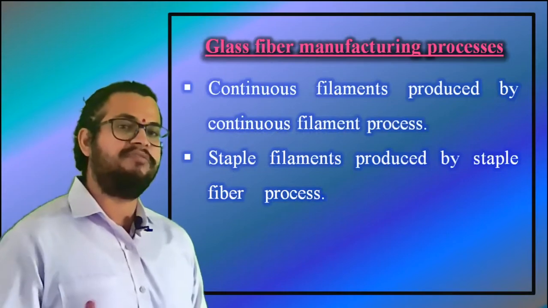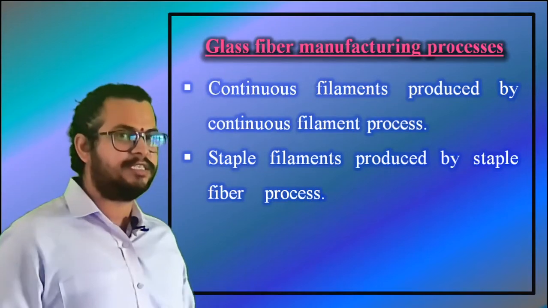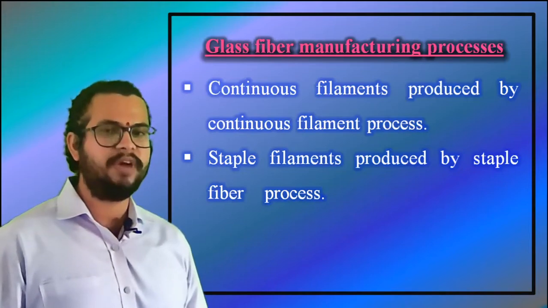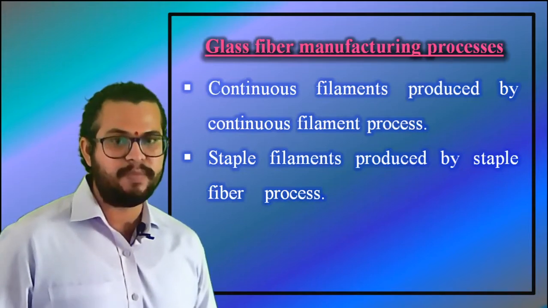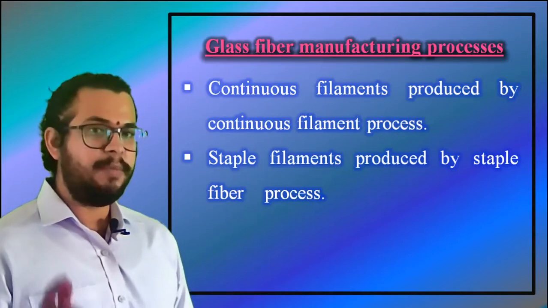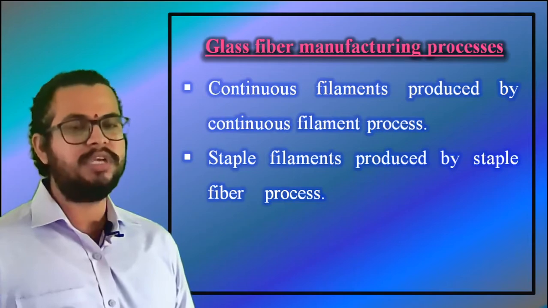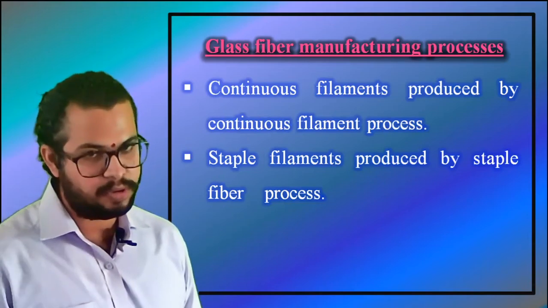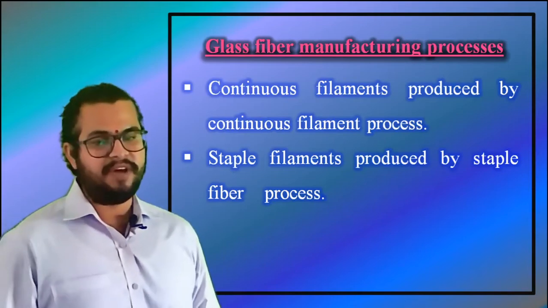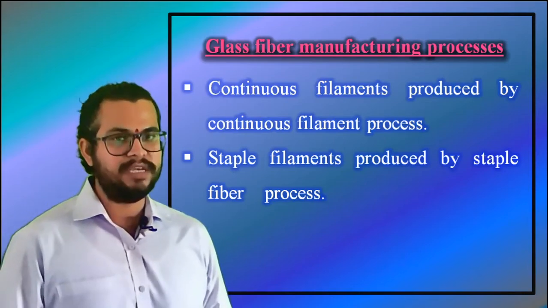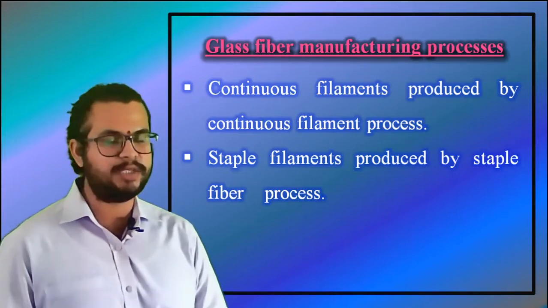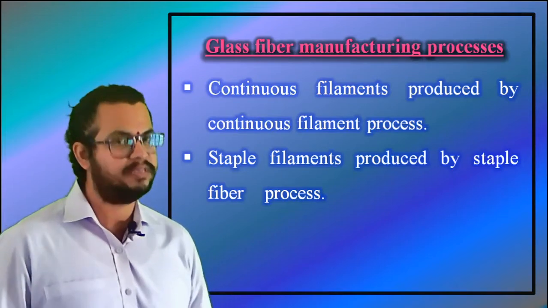The two types of filaments we just studied, namely continuous filament fibers and staple filament fibers, are manufactured by two different methods. Continuous filament fibers are produced using the continuous filament process, while staple filament fibers are produced using the staple fiber process, which will be explained clearly in the upcoming slides.